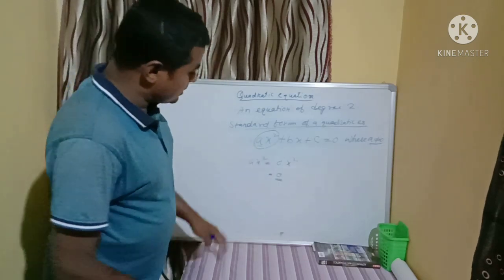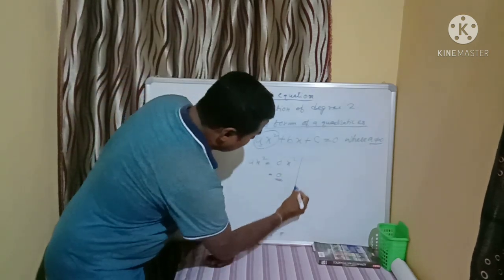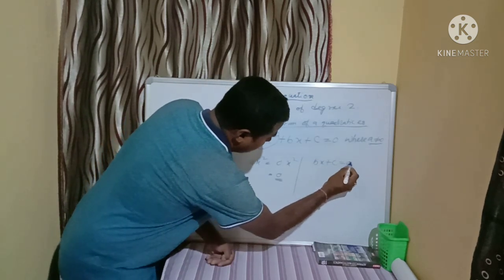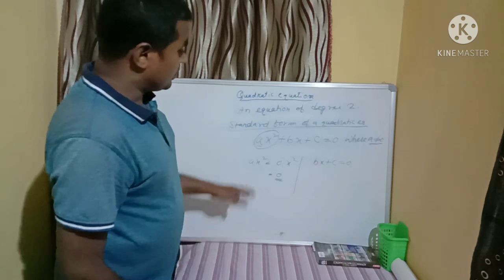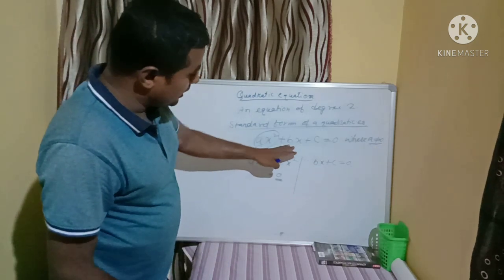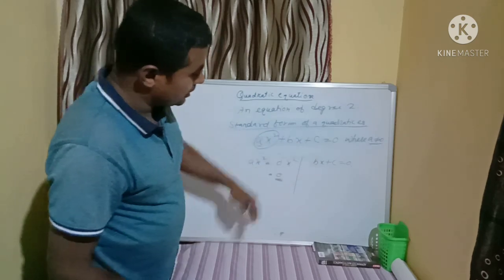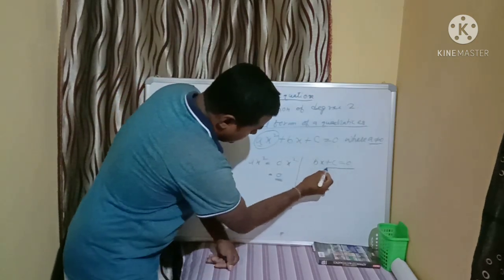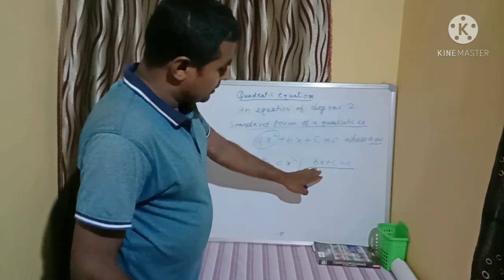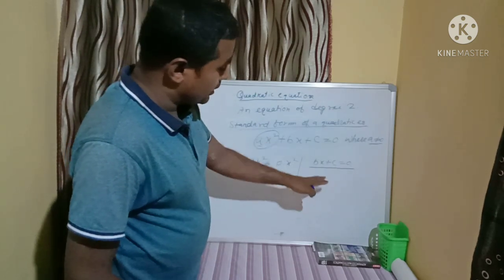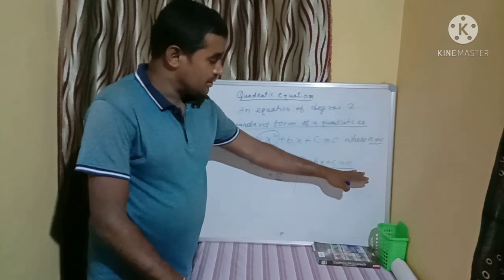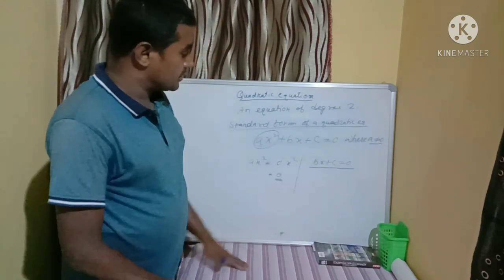In this state we only have bx plus c equal to 0, and that means this is no more a quadratic equation, because bx plus c equal to 0 is a linear equation, but we need a quadratic equation.